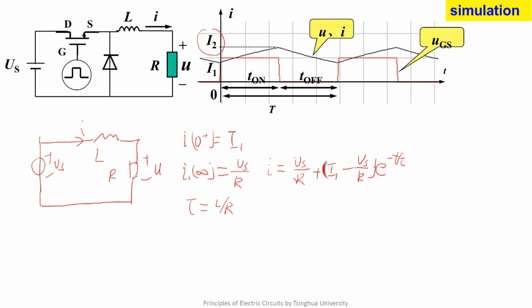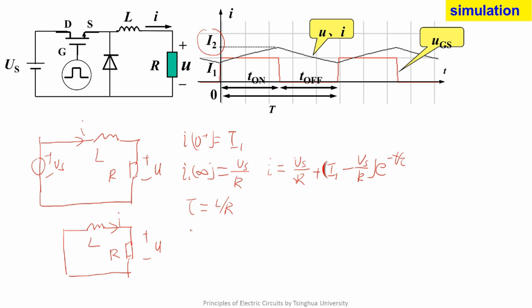The second time period is from t on to capital T, or from t on to t on plus t off. Now between G and S of the MOSFET there is low level, so it's open here. The diode conducts, and this is the equivalent circuit. Suppose the diode is ideal, so there's no resistor here. This is still a first order RL circuit.